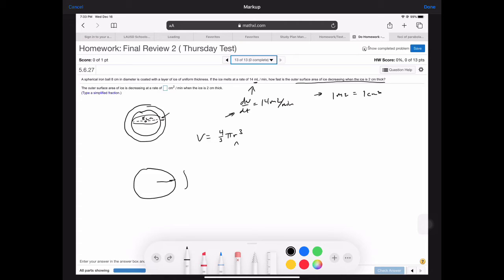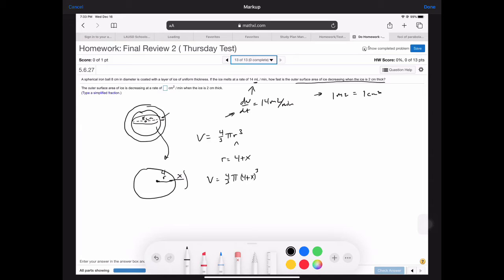So we're going to say that's going to be our radius plus a little bit of x gives us the full radius of the sphere. And we know the r right here inside is going to be 4 because that's half of the 8. So our r value is going to be 4 plus x for our full sphere. So the volume is 4 over 3 pi (4 plus x) cubed.